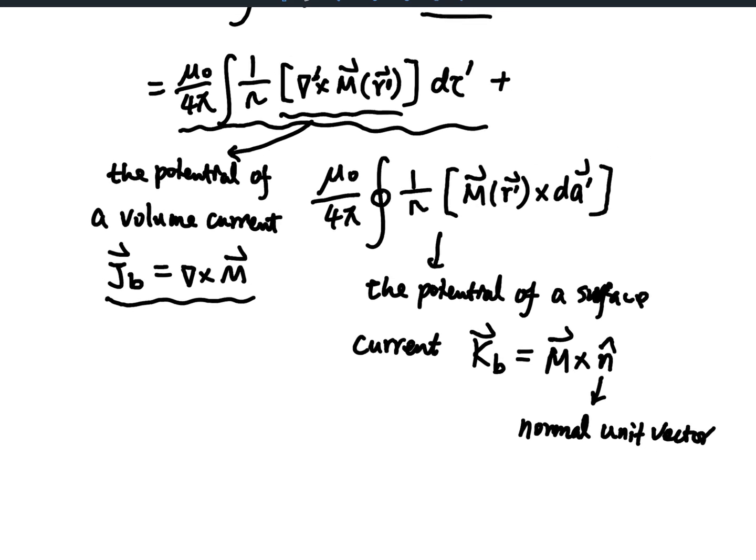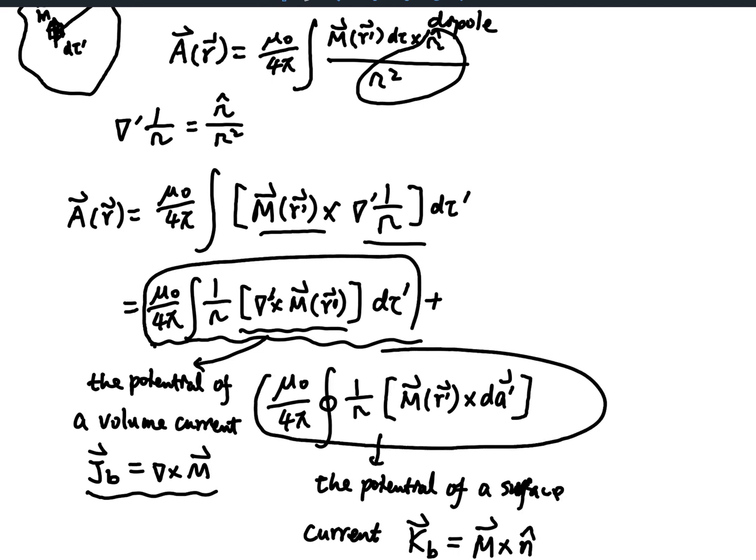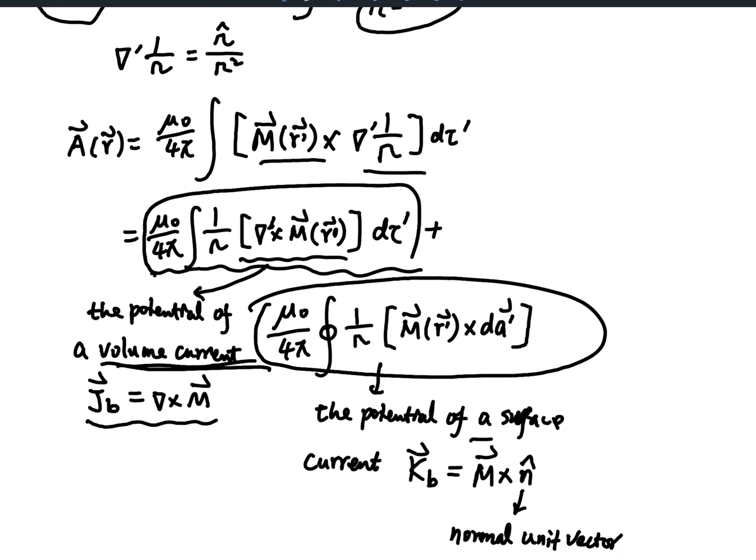So in other words, for this magnetized object, when we calculate the vector potential, we treat it as two pieces. One is the object with some volume current. Then there is another effect: you can treat it as the same object, but now it has a surface current.